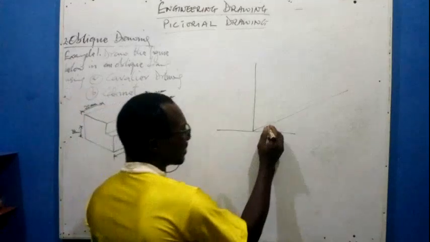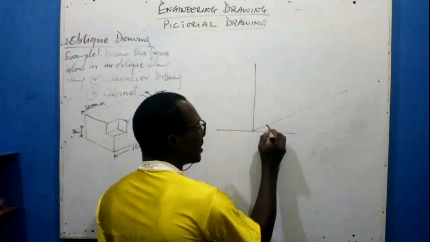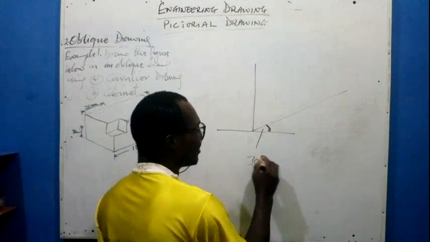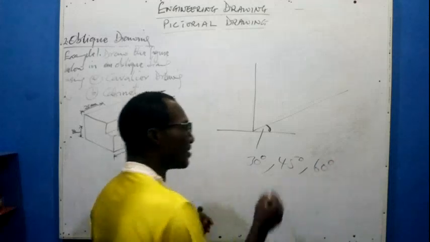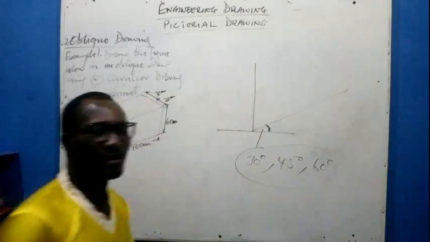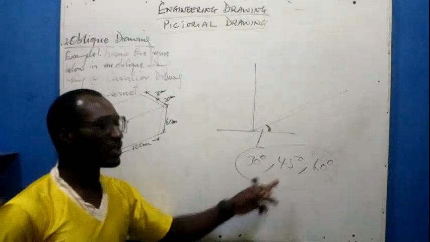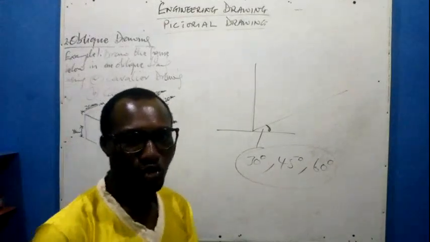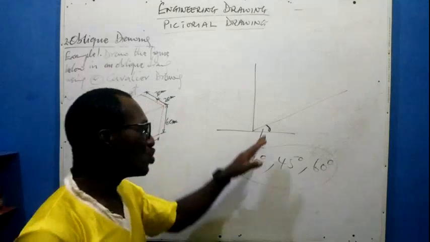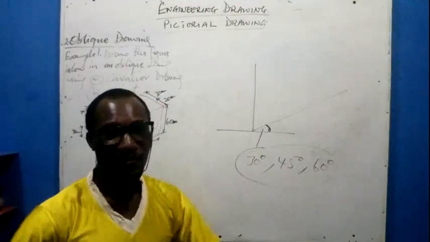And normally this angle can be 30 degrees, it can be 45 degrees, it can be 60 degrees, depending on maybe if the examiner wants to give you the angle of the receding line. But normally, what we use for this angle is 45 degrees.